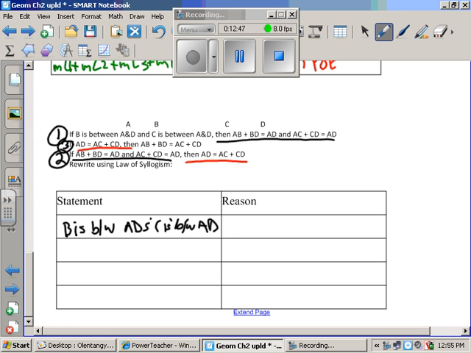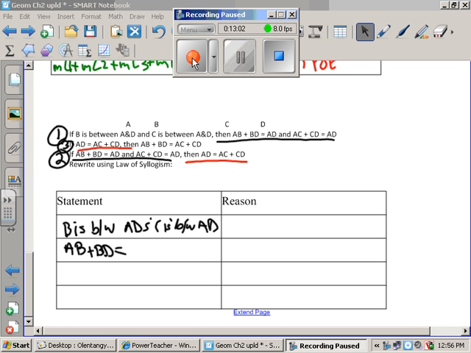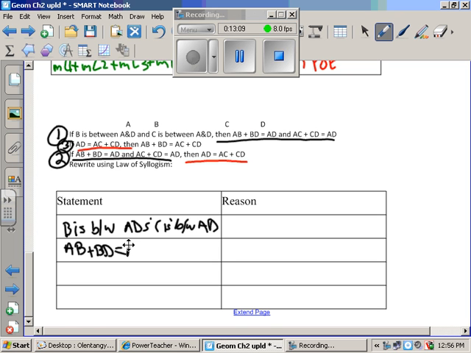Okay. Your next statement would be, I'm just going to go ahead and talk through this on the recording, and then you guys can listen to it later if you want. So the next one would be if AB plus BD equals AD, and AC plus CD equals AD.